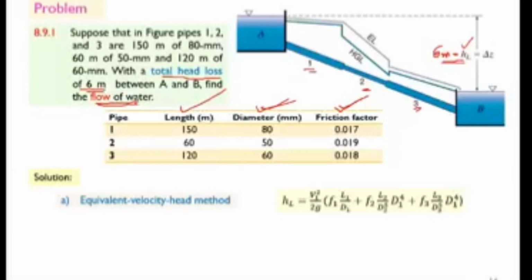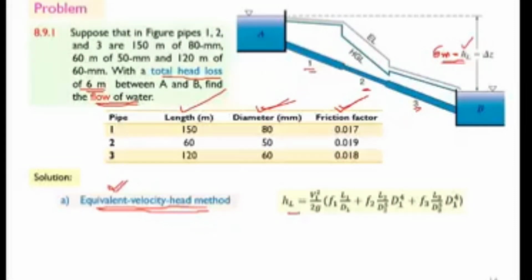In that case, we have 2 methods: either you apply the equivalent velocity head method to calculate the discharge, or you can apply the equivalent length method. First let us apply the equivalent velocity head method.